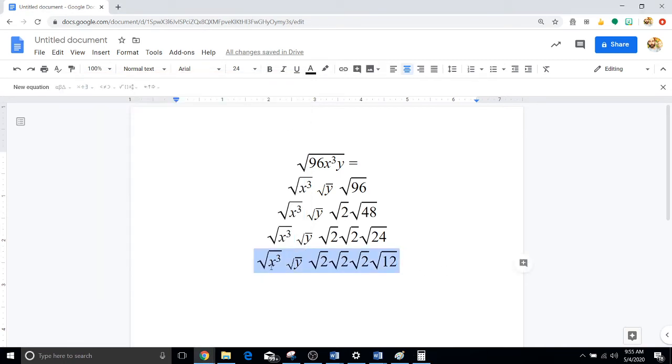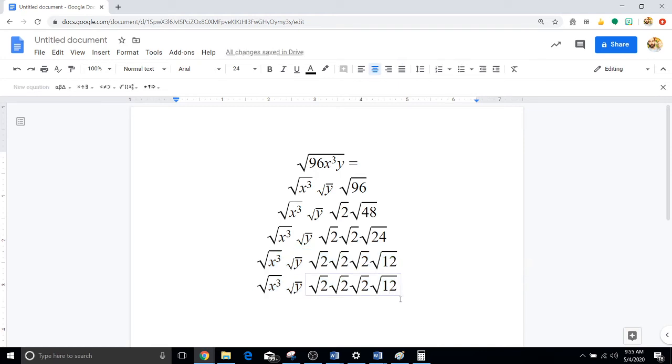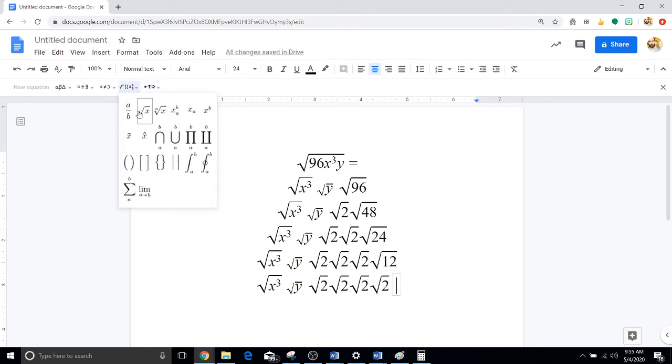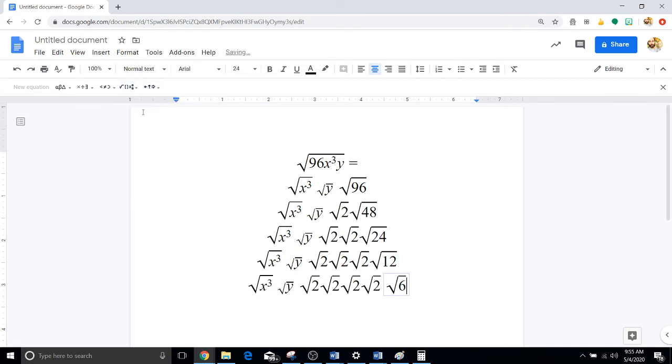We go one extra line, change this one to a root 2, and we have a root 6 next to it now. 6 is also even and can be divided by 2, so we bring it to the next line one more time. 6 changes again to a 2, and then we do the root of 3.